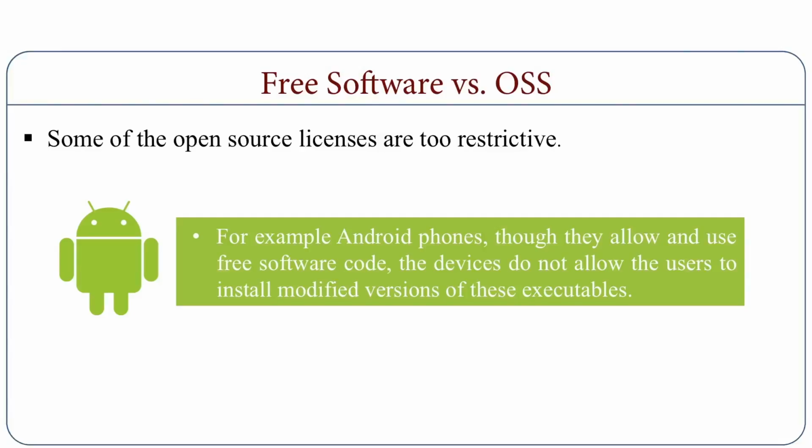Richard Stallman gives us an example of Android software. Android is an open source software. But if you look at the apps which are developed for Android, the code for those apps is not available under open source. So this, he says, is against the freedom of the user.